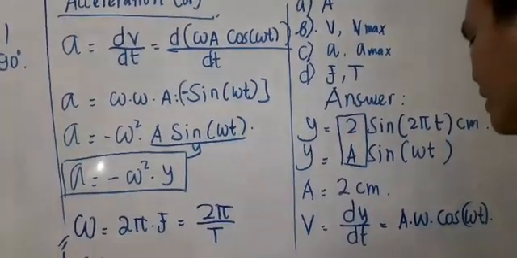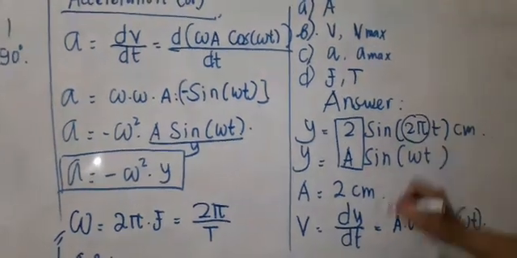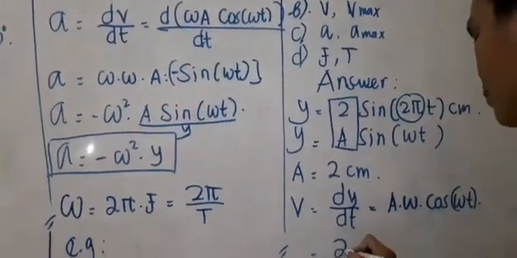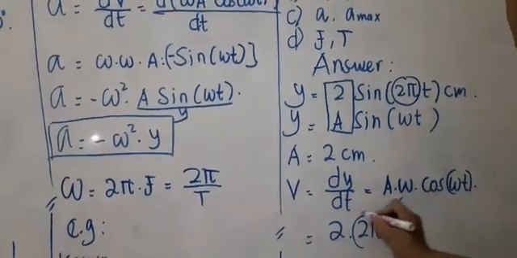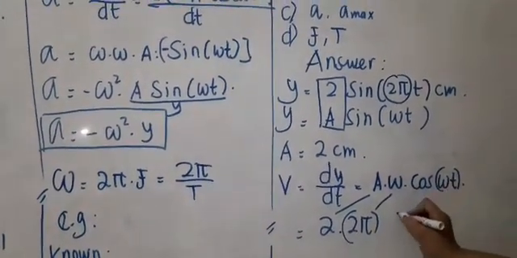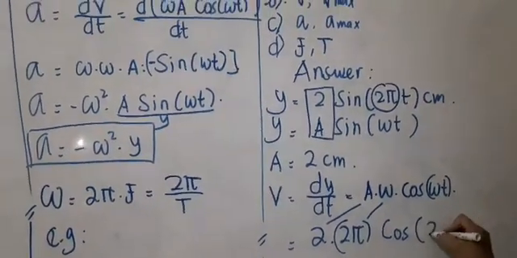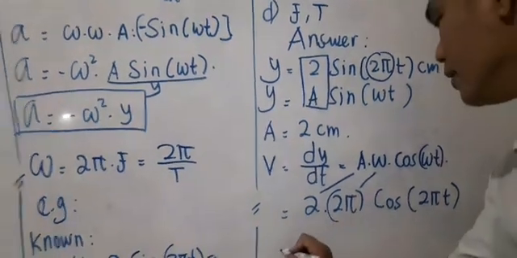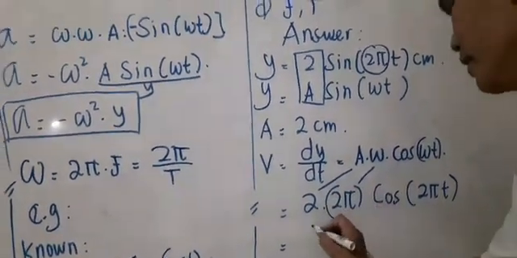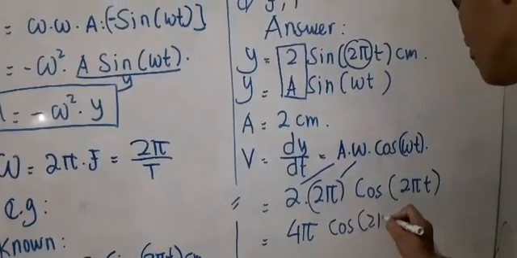We can see that omega is 2 pi. So it is 2 times 2 pi, which is 4 pi, cos 2 pi t.